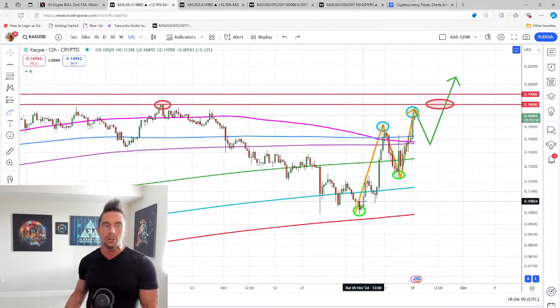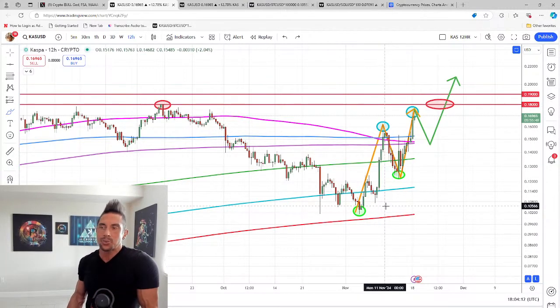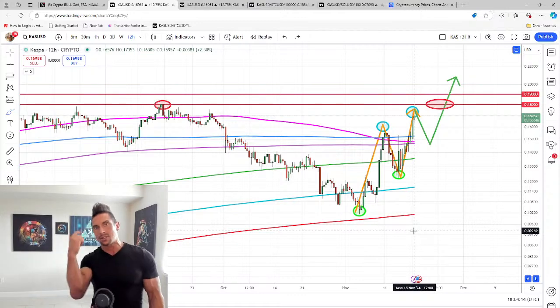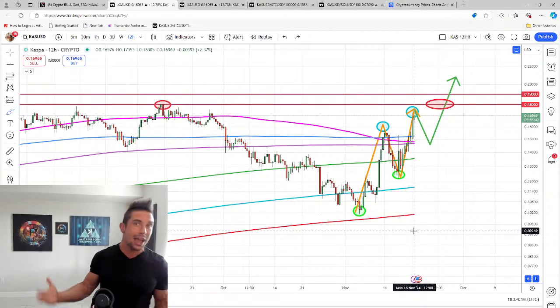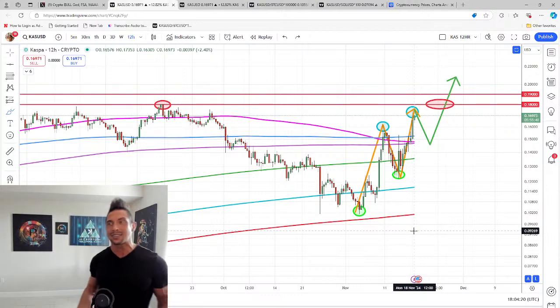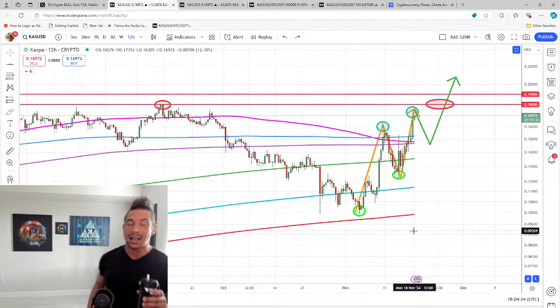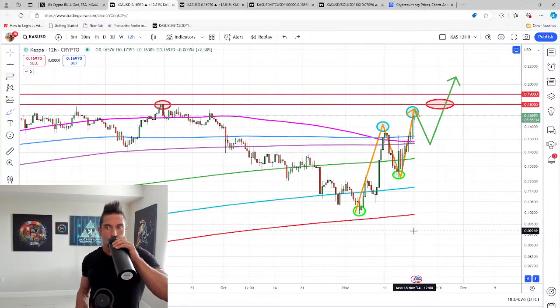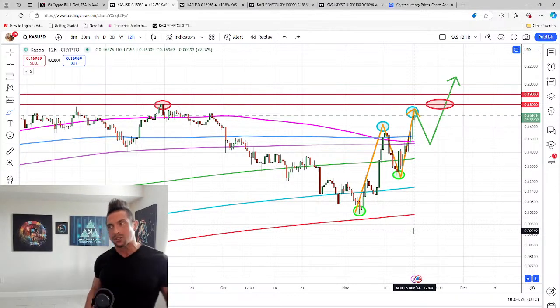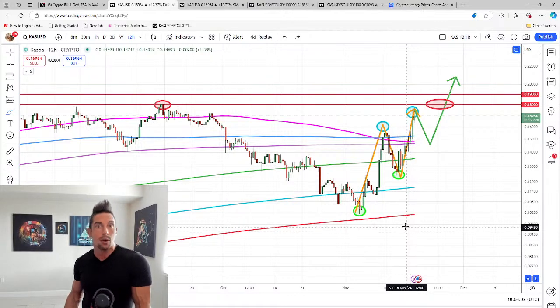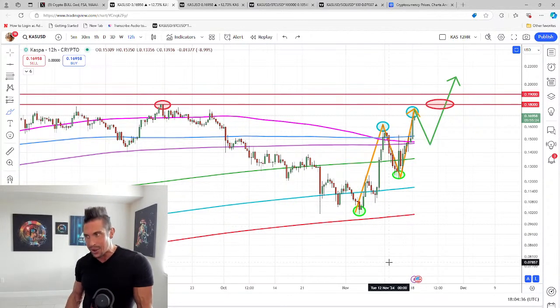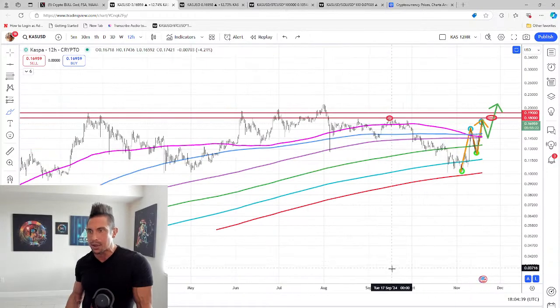So I tend to look at SMAs. In this case, we have an SMA ribbon. We're looking at the 200, the 400, the 600, the 800, the 1,000, and the 1,200 SMAs. Now again, keep in mind, the reason we can go out to a 1,200 SMA is because we're looking at a 12-hour chart. It just takes 1,200 candlesticks, which would be 600 days. So we have 600 days of price action, so we can print that.